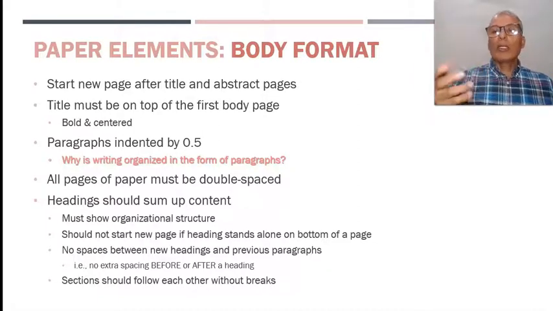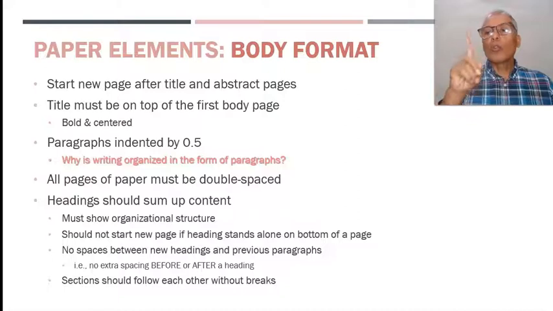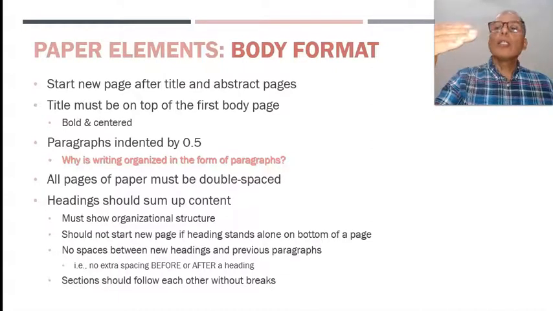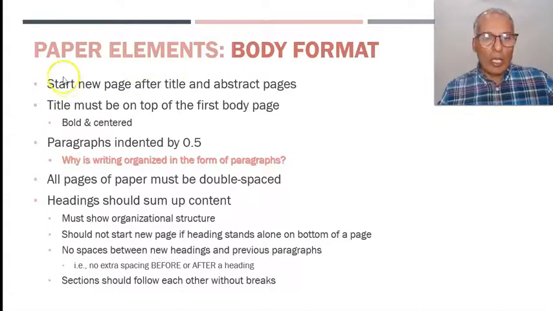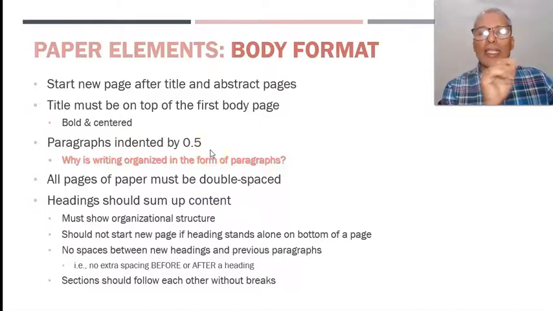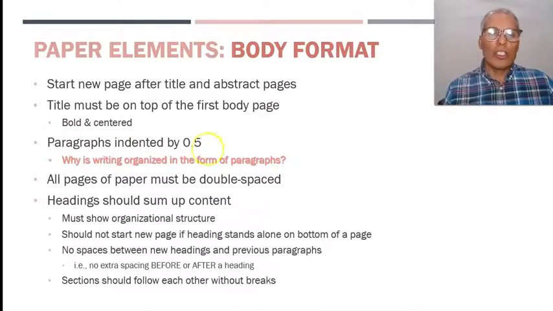Your page number 3 is going to be the first content page, the first page of the body. You start with your title on top of that page, centered and bold. You have to write in paragraphs, and the paragraphs are indented by half an inch to the left.